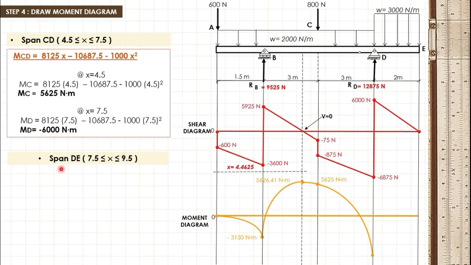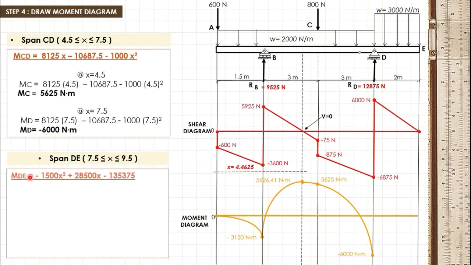Now for our span DE, we will be using this moment equation, negative 1,500x squared plus 28,500x minus 135,375. At point D, where x is equal to 7.5 meter, by substituting the value of x to this equation, we get negative 6,000 Newton meter, which is also the same with this one.